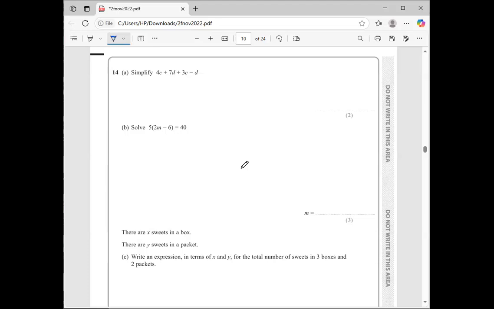Just collect the like terms. So that's 7d minus d, that's 6d. 4c plus 3c, that's 7c. 7c plus 6d. Yes.